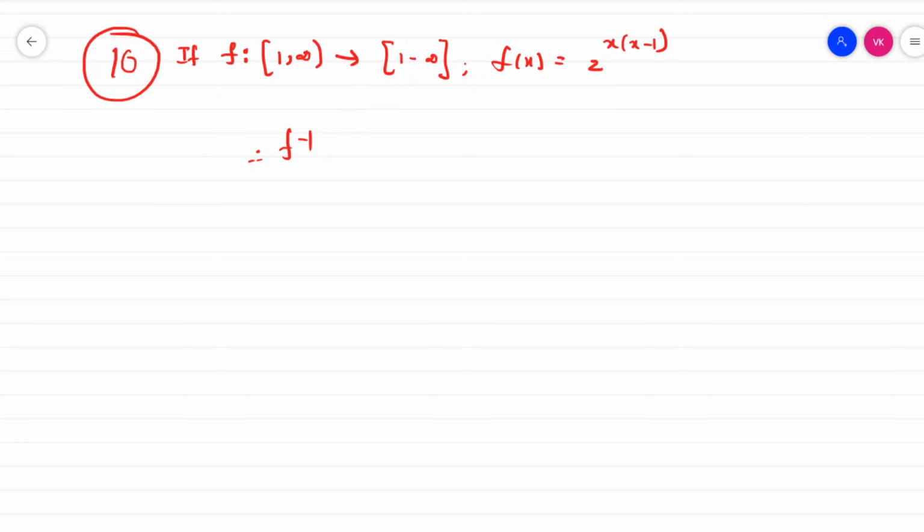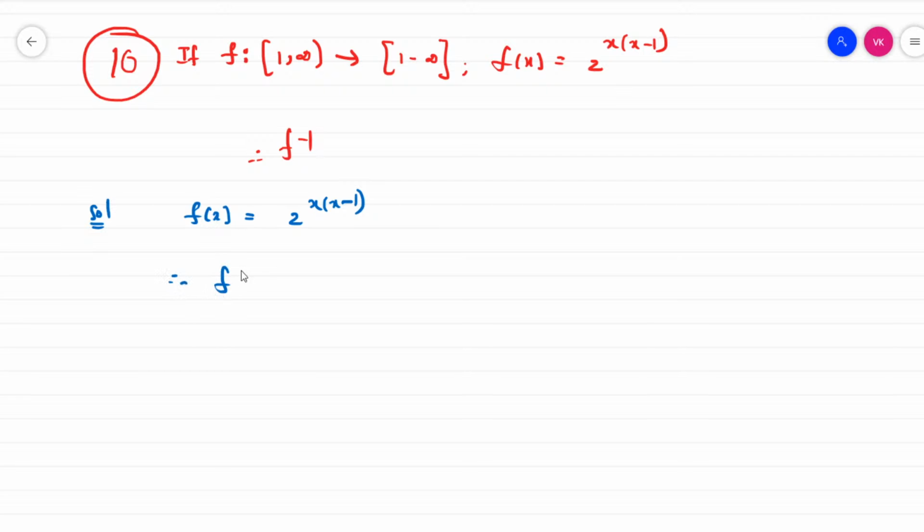So let's go for the solution. It is a little bit hard, some students feel it is difficult, so that's why I would like to explain slowly. So f of x is equal to 2 power of x minus 1.